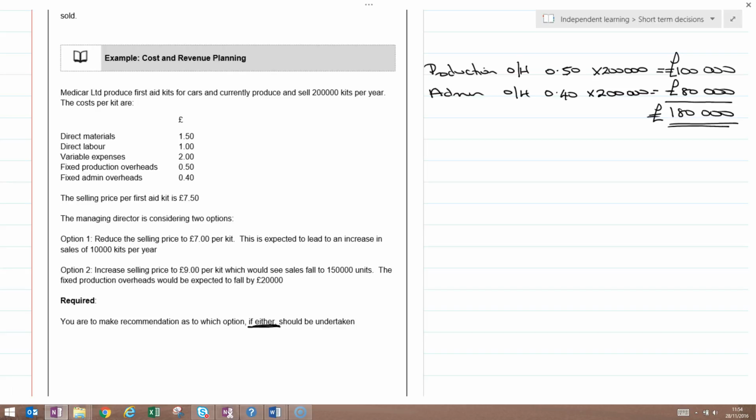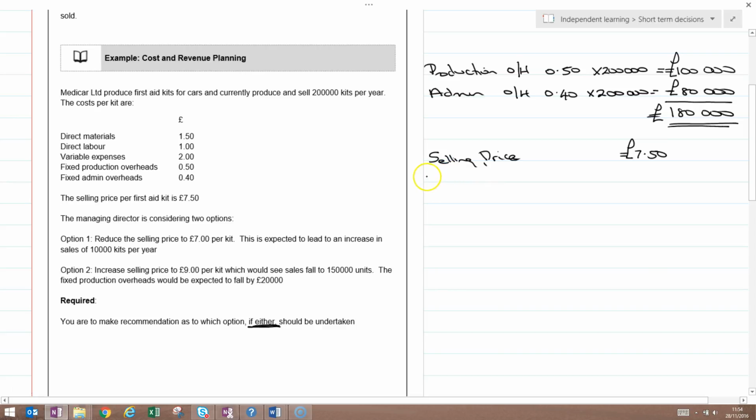Now, the quickest way to approach these sort of questions is to initially calculate your contribution per unit. So we have a selling price of £7.50.